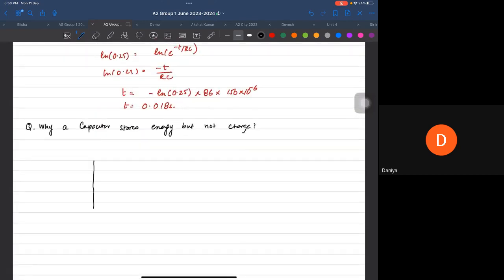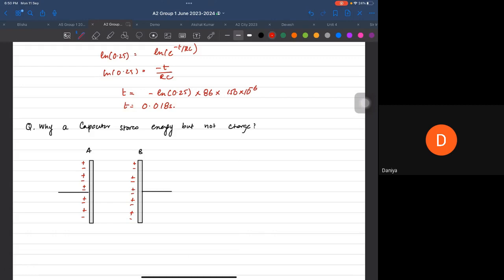When you see the plates on the capacitor like this, initially they have the same type of charges. What I mean by this is they're neutral. They have an equal number of positives and an equal number of negatives, so they will be called neutral.